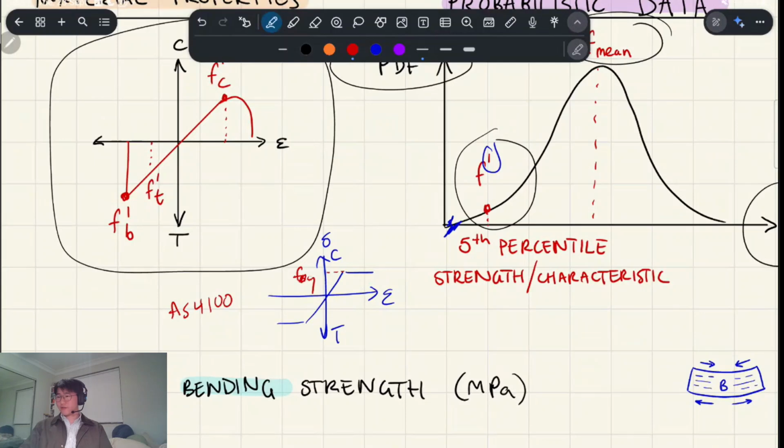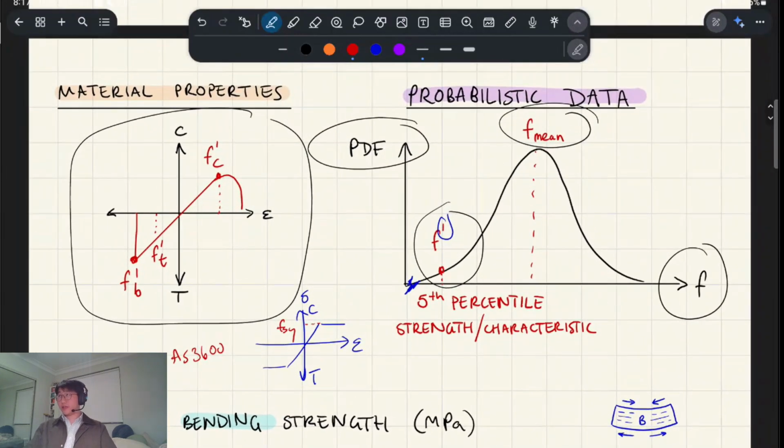Sorry, no, you call that FY, I think, in AS 4100. But in the concrete standards, they also use steel in reinforced concrete design, and they would call that steel yield strength FSY. Sorry.